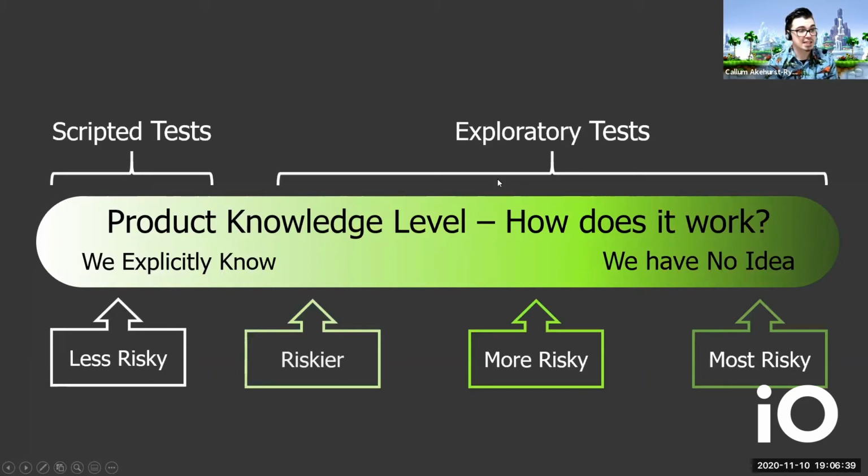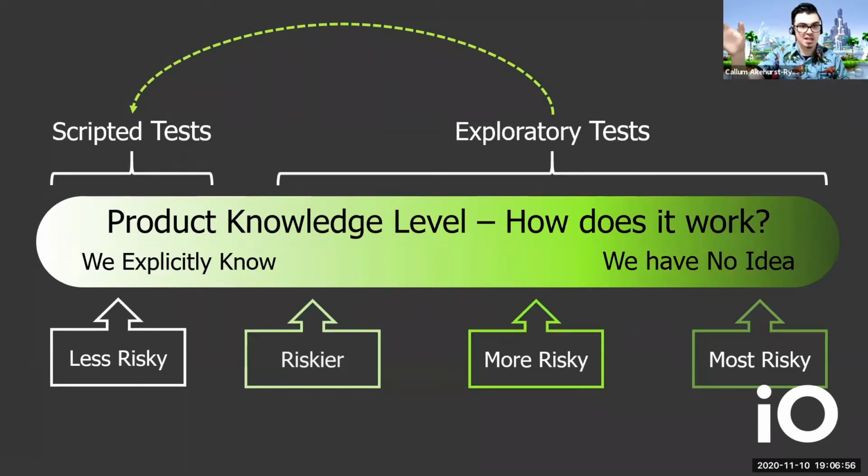Exploratory testing can give us information as we start to use things. We didn't know how it was going to work. We started using it. We're finding information. Now we know how it's going to work. And then when we know how something works, we can focus on that sort of scripted testing. Did it do this? Yes. Did it do this? Yes, kind of thing.